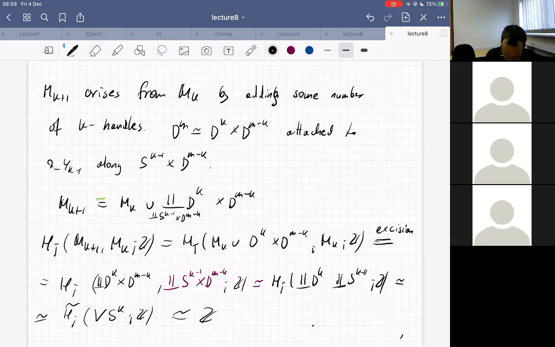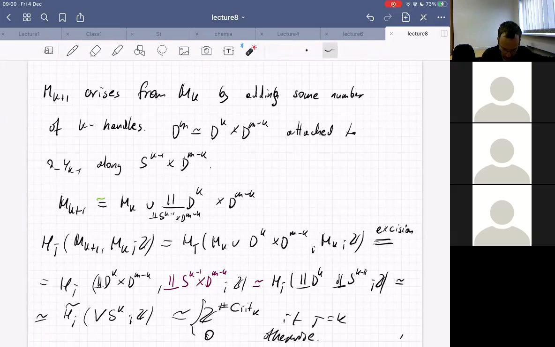Okay, so there is this Crit_k if j is equal to k and 0 otherwise, with some care that should be taken if k is equal to 0, but that's left as an exercise. The formula is the same.